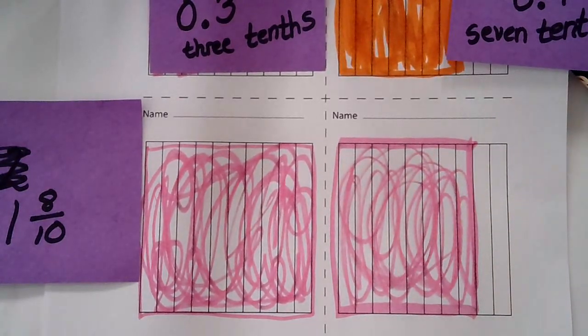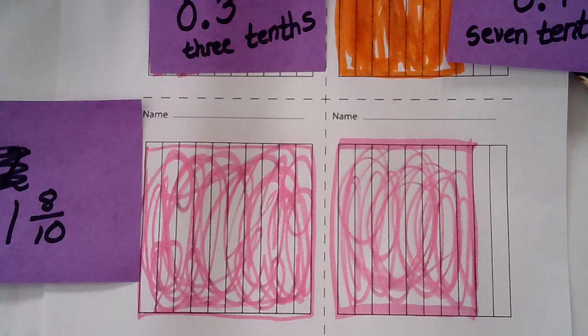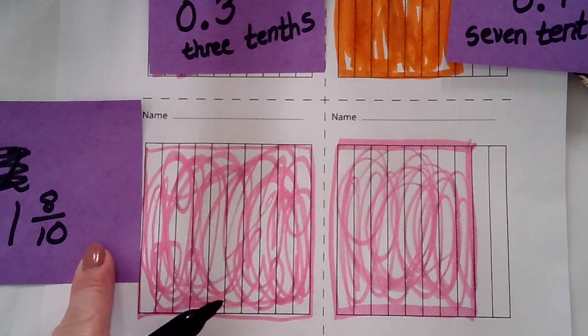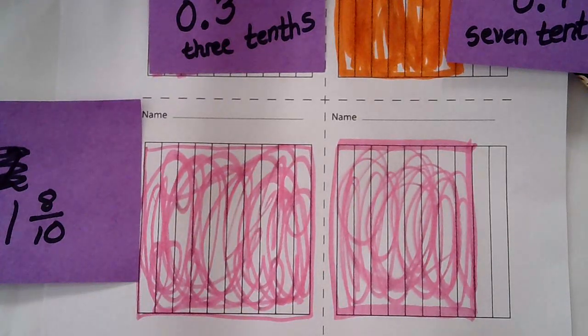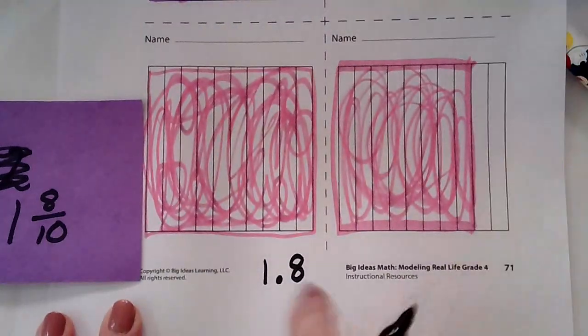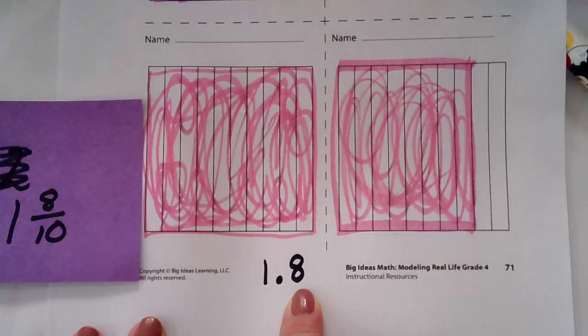All right. So to write this as a decimal, I'm going to put it down here because I don't have very much room on my sticky note. 1 whole, and then we need to put the decimal point, and 8/10. 1 whole and 8/10.